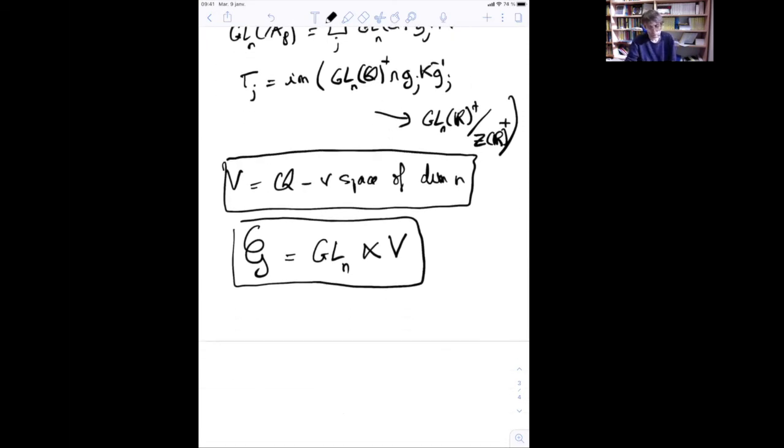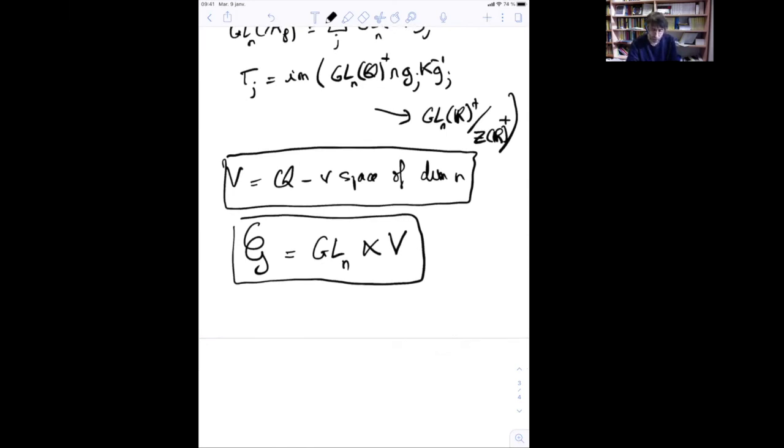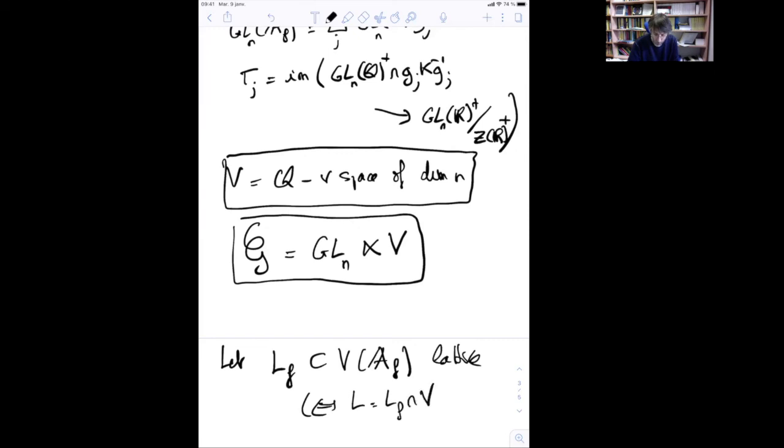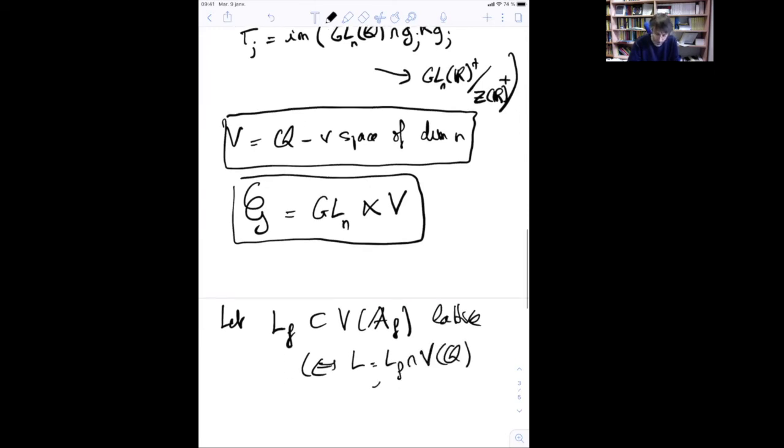And so now what plays the role of a compact open subgroup inside the calligraphic G? You will take a compact open subgroup of GL_n(A_F) and a lattice in the finite adeles of V. Let L_F be a lattice. Equivalently, the intersection of L with the Q-points of V is a standard lattice.